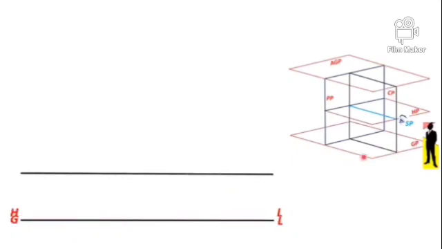Also, the horizon plane appears as a line. So, ground plane is represented with GL, ground line, and the horizon plane is represented with HL.